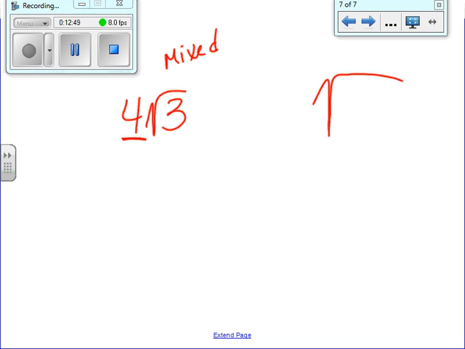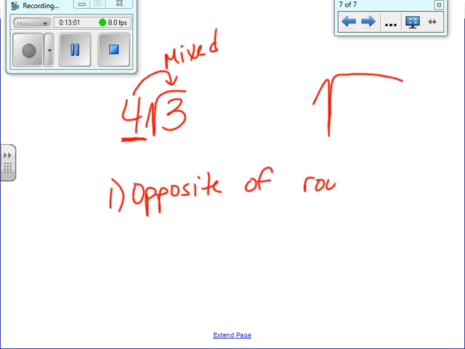I know this number needs to be put back underneath the square root sign, so I'm going to do the opposite of rooting it, which is squaring it. If it was the cube root, the opposite would be cubing it.